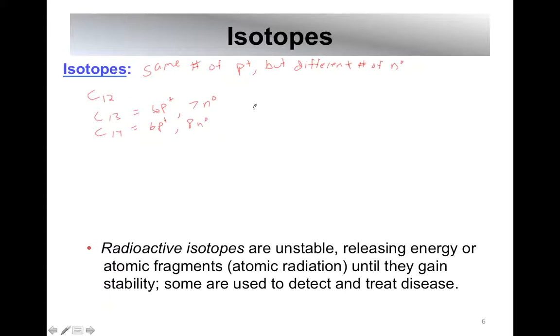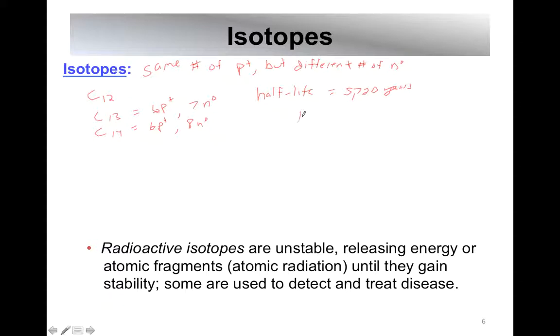These isotopes occur naturally and they break down at a known rate, and that known rate is a half-life. Carbon 14 breaks down, its half-life is approximately 5,720 years. That means it takes 5,720 years for half of the isotope to break down.